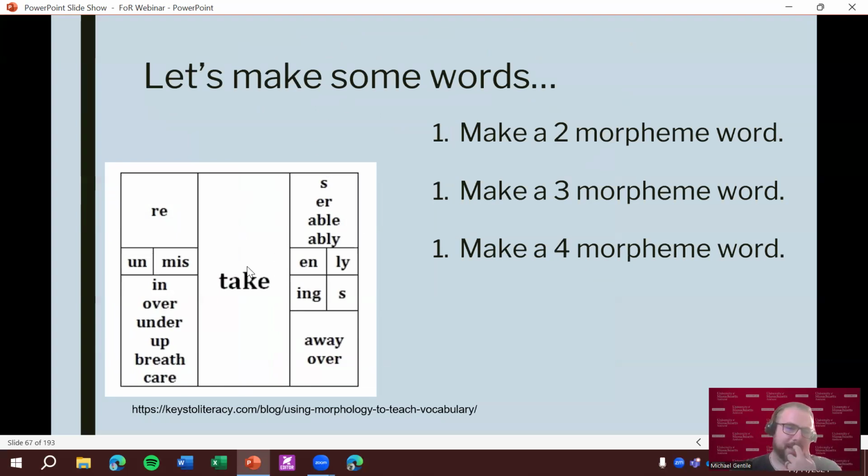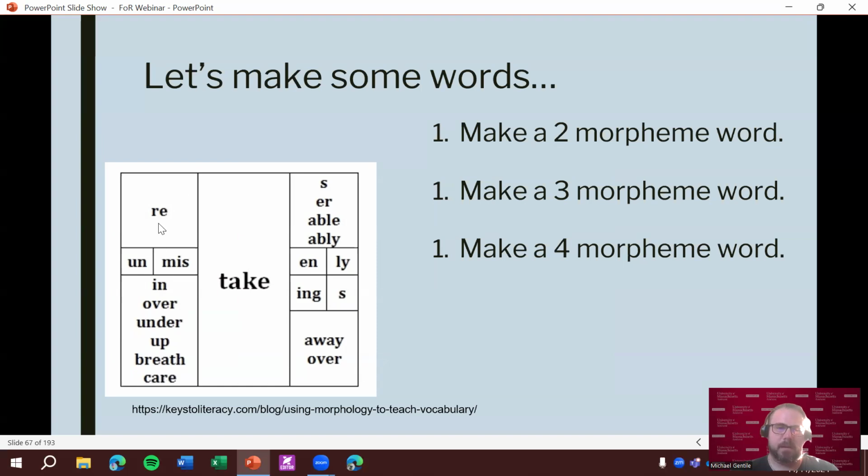So we can take this and practice combining morphemes with a base. So remember, these are all of your prefixes here. Some of these are not prefixes, like over, in, under, up, breath.